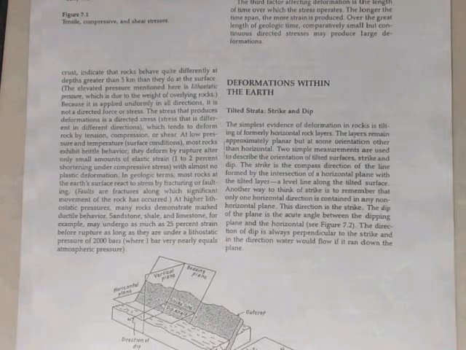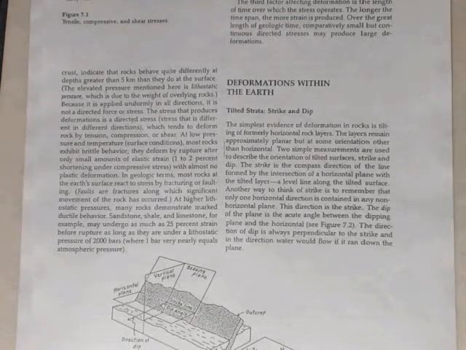Was it elastic, was it plastic, or was it a rupturing type? Recall the plastic ones are going to create folds. So that's one of our structure names, folds. The other type is a fault, where you actually do get rupturing or breaking. It really exceeded the strain limit and ruptured the material.